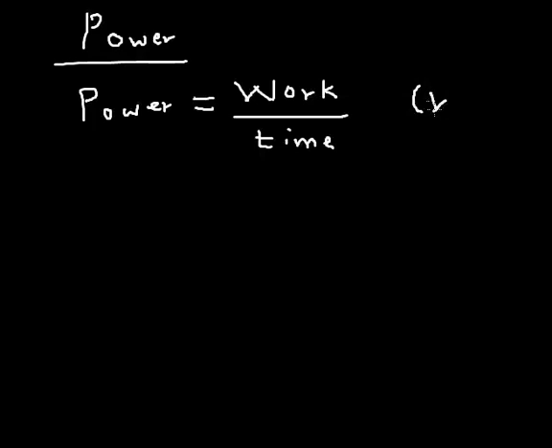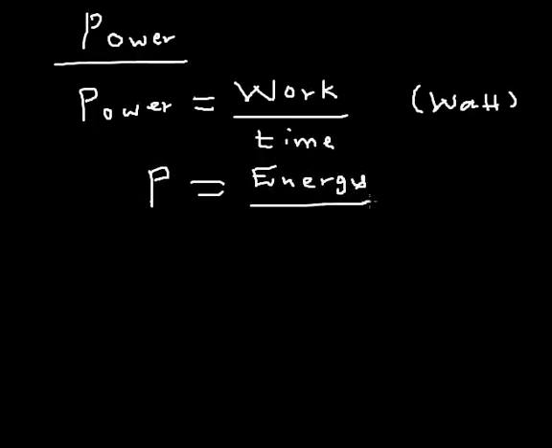And the SI unit of power is watt. Since we know that work is also equal to energy, we can also express power as energy divided by time. Energy all over time.